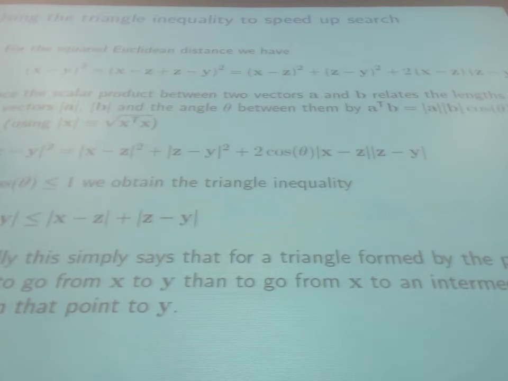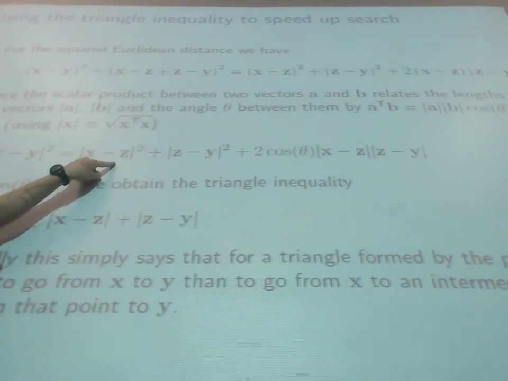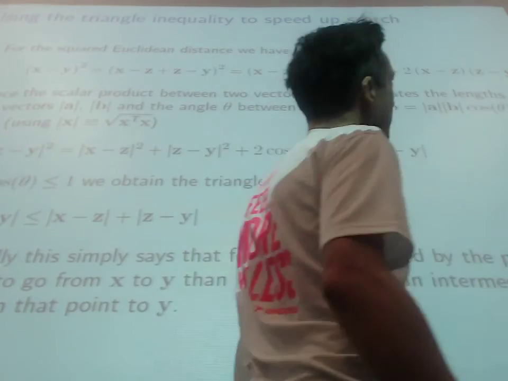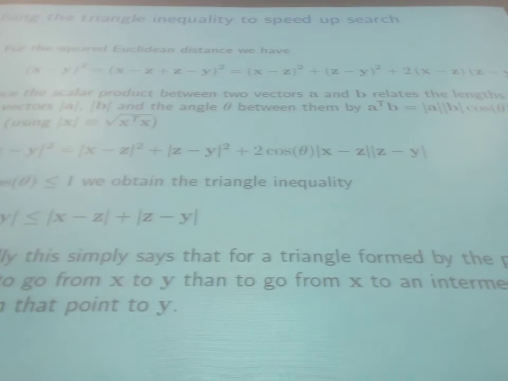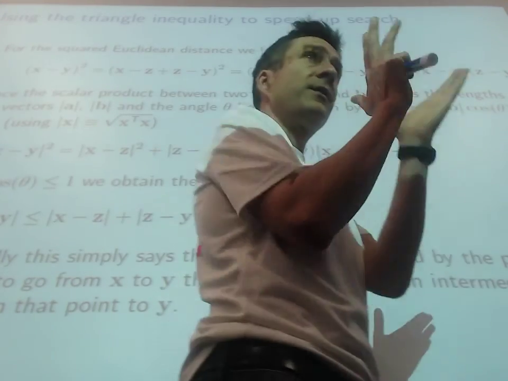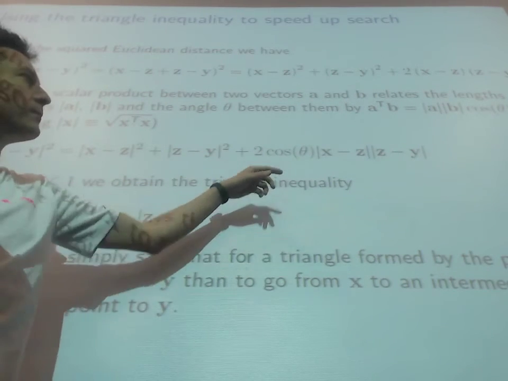Then we can just rewrite that similarly as the square of the norm here, plus the square of this norm, plus the square of that, plus this scalar product between this difference between x and z and y. And given the fact that the scalar product can be written as the length of A times the length of B, so 2 vectors, times the cosine of the angle between them, this gives us this expression here.